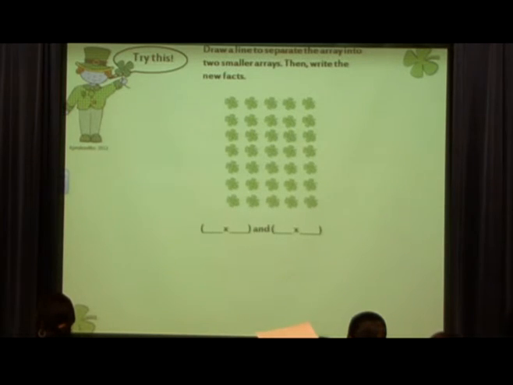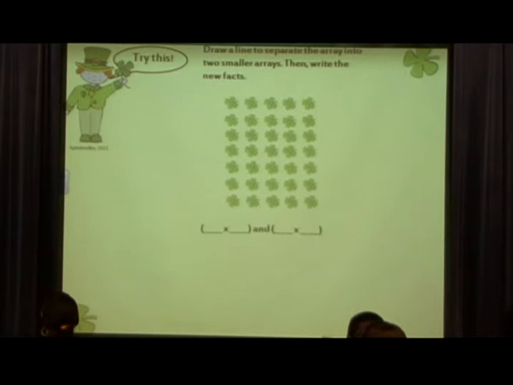I'm going on to the next row. 15. 35. So that means that 7 times 5 is 35. And all I did was skip count multiples of 5.